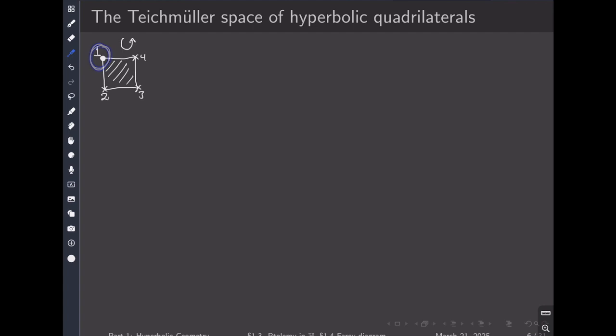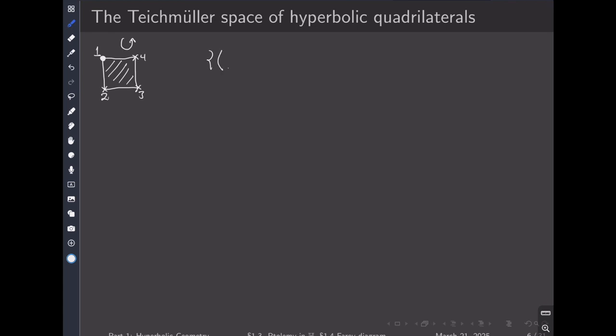So ordered four-tuples, being careful enough so that when I follow the ordered four-tuple, it actually follows the counterclockwise orientation around the circle.